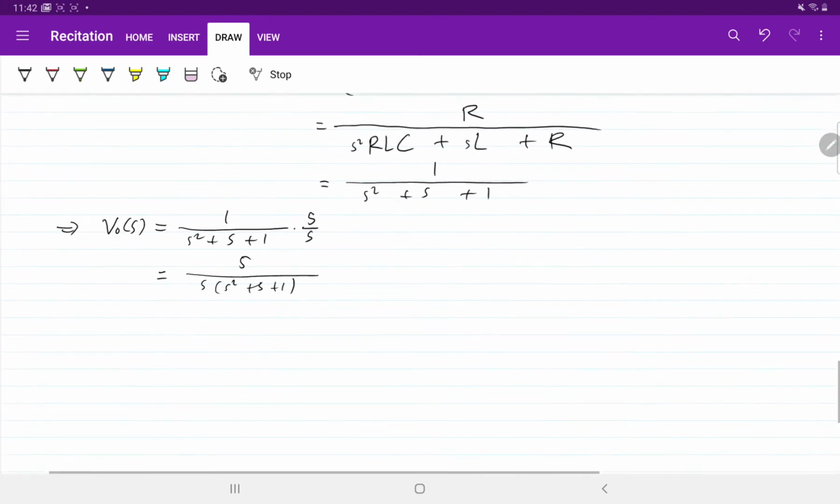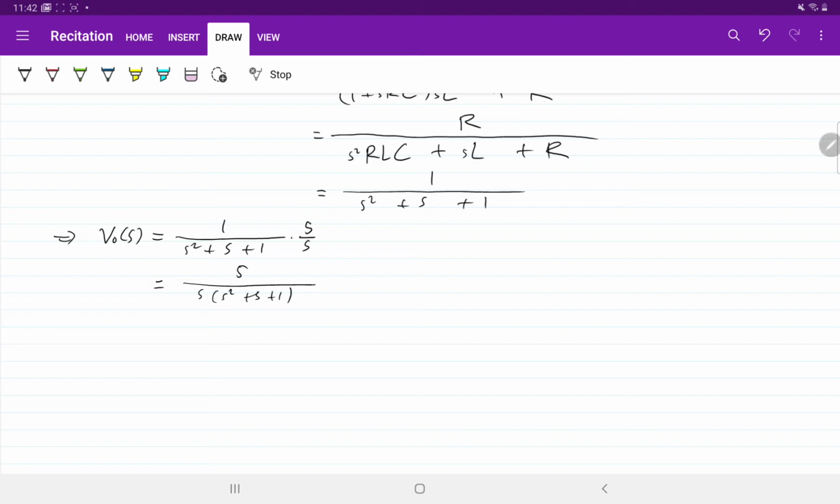So we just need to solve this equation from the Laplace domain to the time domain. So we need to use the inverse Laplace transform, and to do that we need to use the partial fraction expansion.